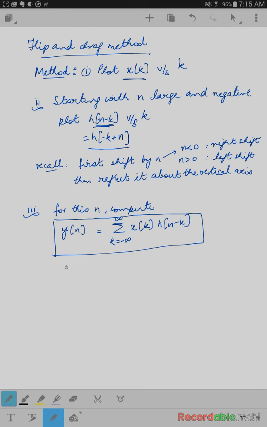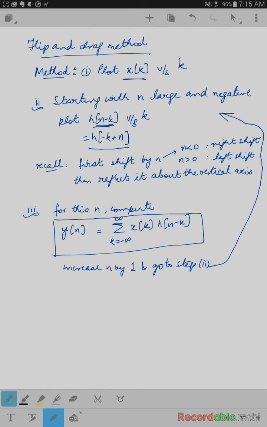So once you do this, then increase n by 1 and go to step 2. Go back up here. Okay, so easy enough, right?